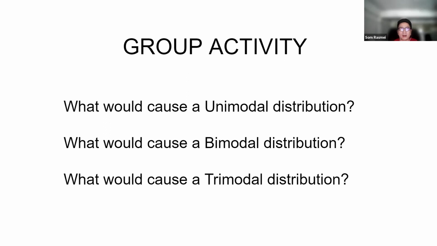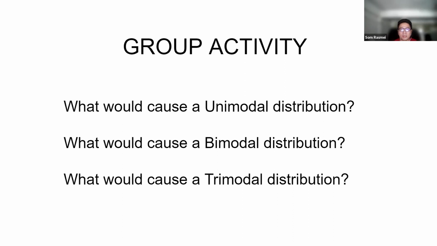We open the school in October, and August is vacation, so around September and October many families bring their children to the market to buy shirts for school. That brings the unimodal distribution.